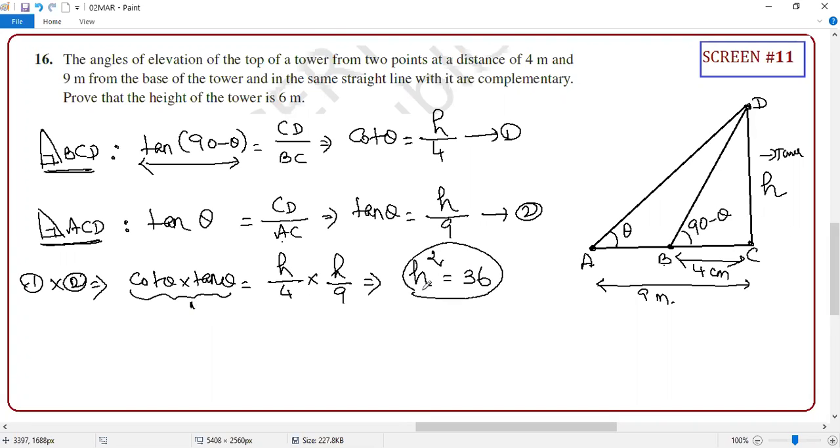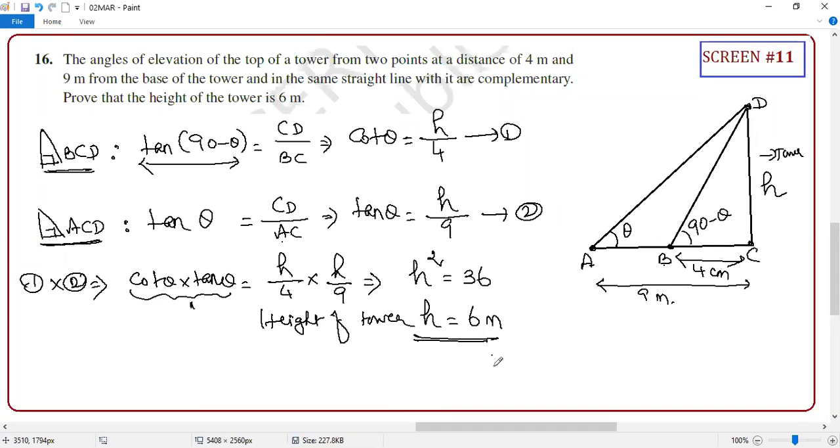Now H square equal to 36 means what is H? Plus or minus 6, but we know that it's a distance, it's a height, so it cannot be negative. So 6 meter. So height of the tower equal to 6 meters. So let's say hence proved.